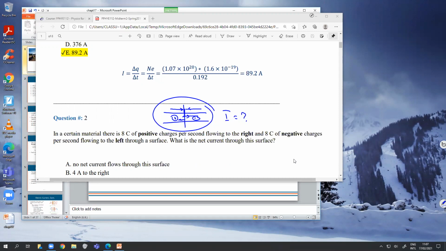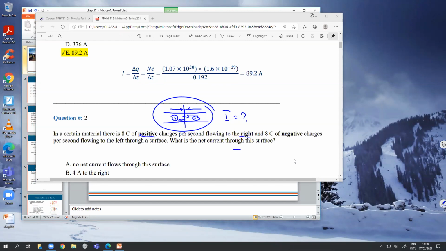You know what we mean by convention? People agree on something. This is how we are going to do things. That is what convention is. So with that convention, now let's do this question. So we have at the same time in a material 8 coulomb of charges per second, that means positive charges, going to the right.